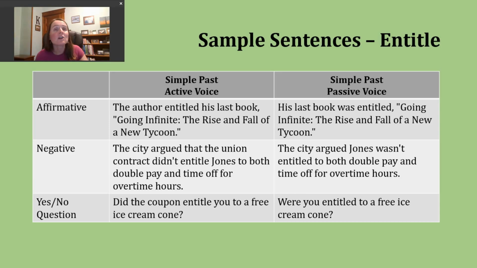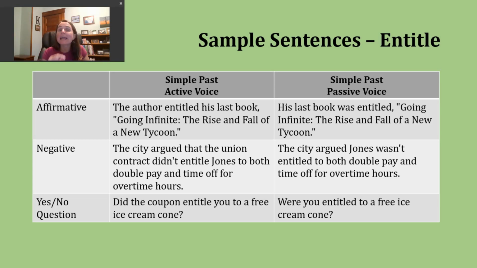Okay, so here we're going back to our first definition, talking about having a legal right to something, and here it's that double pay and time off accrual, it sounds like, in this dispute between a union and a city as an employer.